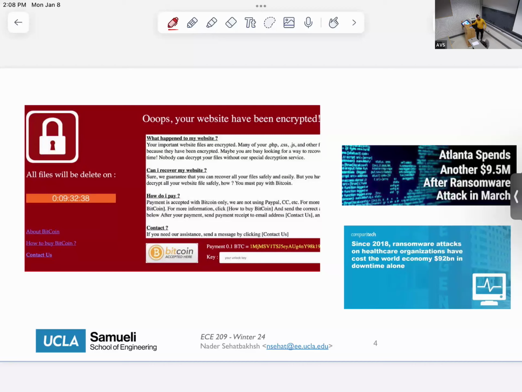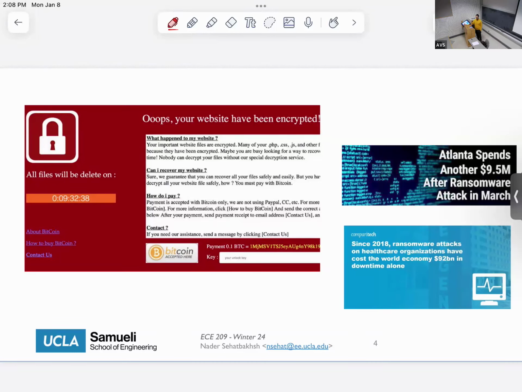Another interesting number here on the bottom right is that since 2018, organizations, especially healthcare organizations, in the entire world have seen downtime costing $92 billion, not just because of the ransom, but because the system was down for some time and they were losing money.